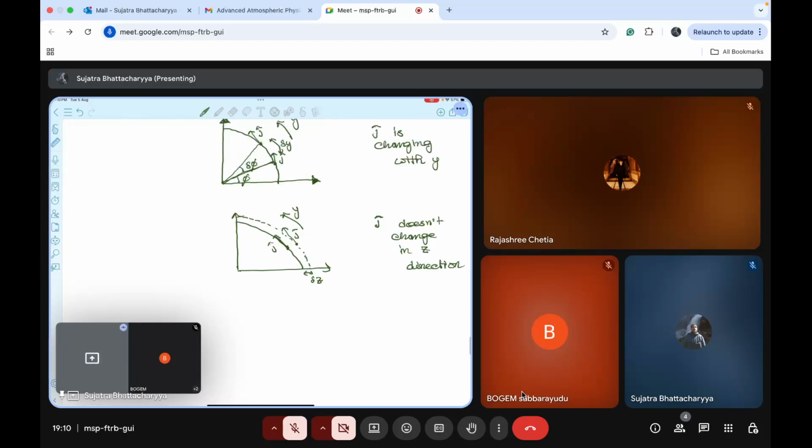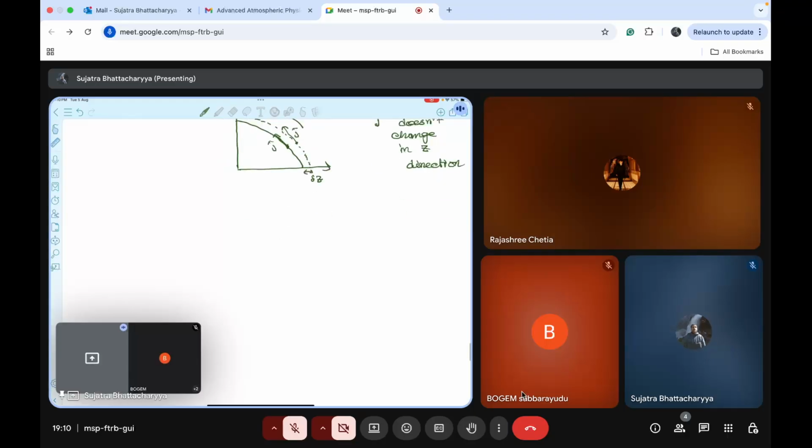But let us see whether it changes in the x direction or not. For that, again, we have to visualize in a very different way. Then only we will understand. So let's make it something like this again, so that it is visually understood. This is your delta x direction.